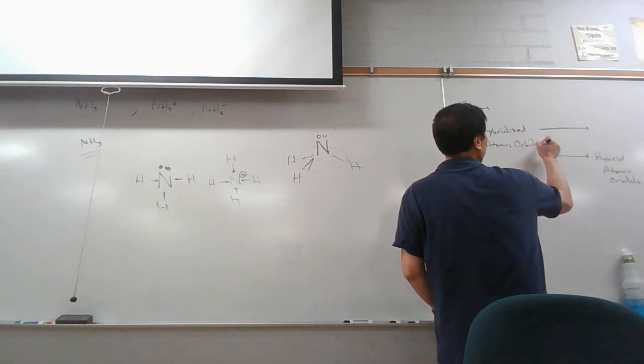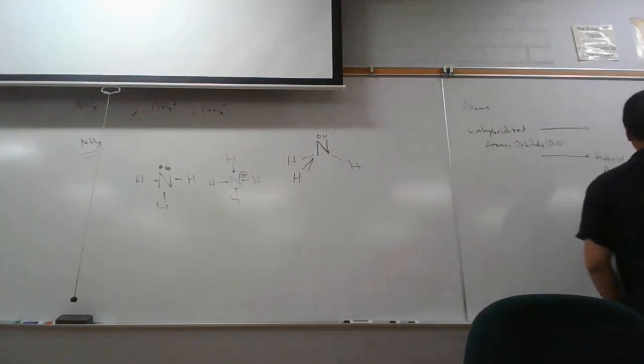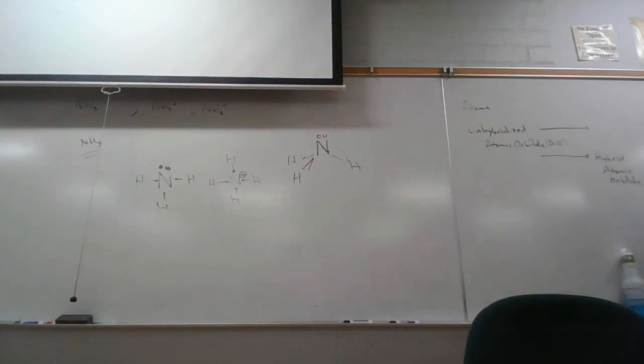Atomic orbitals is often abbreviated AO for atomic orbital. So we can go 2 ways from here. So there'll be 2 branches. One branch is the easy way.